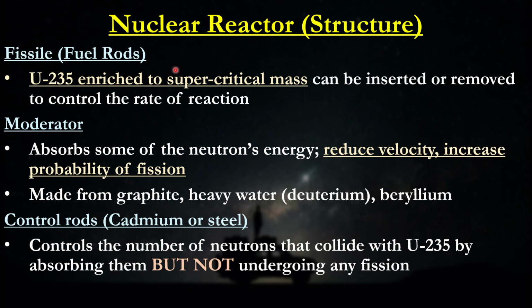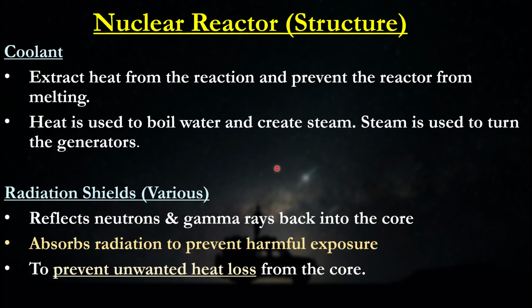We do in this case use a supercritical mass that just allows us to release a lot of energy in one go. So that's the idea there, but we can control it by using moderators or control rods to absorb some of the neutrons.